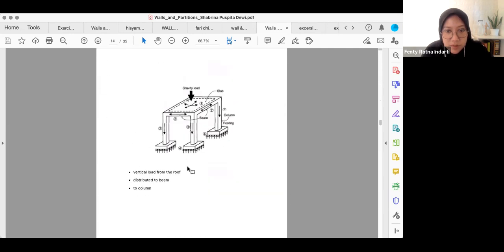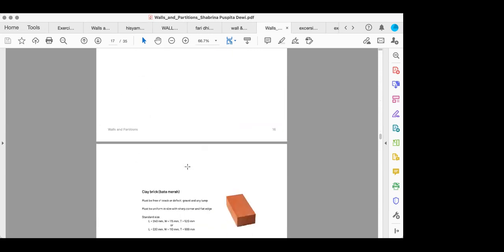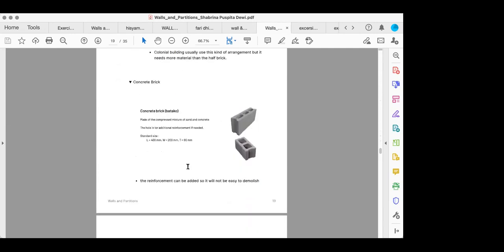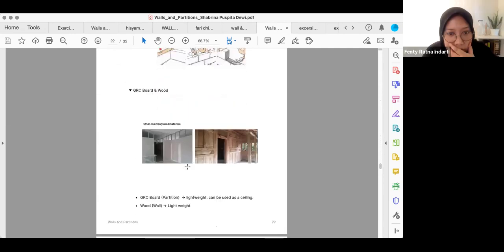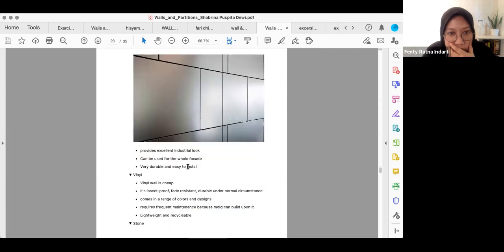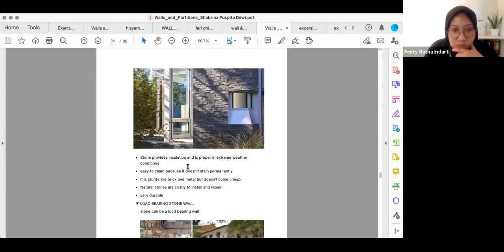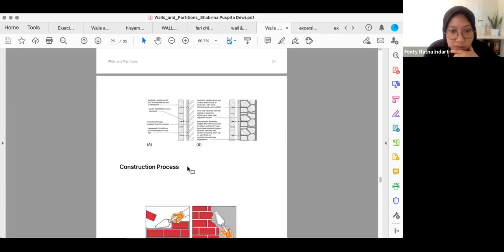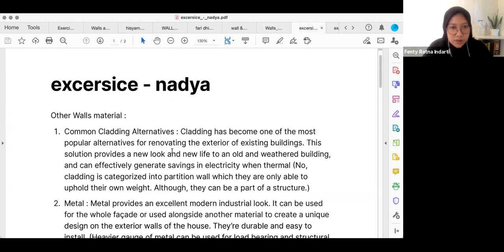I think this is Sabrina's, right? It's on the material part. Oh, stone, right. Okay. TRC board. Okay. You mentioned metal, vinyl, and stone. Load bearing wall, stone wall. Yes. Okay, and then next is Nadia.